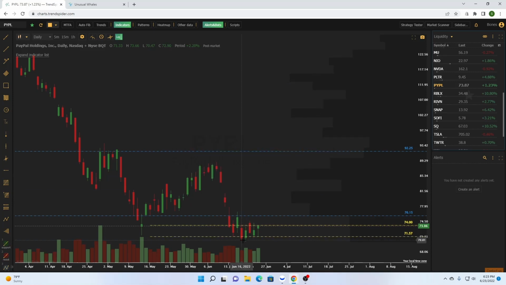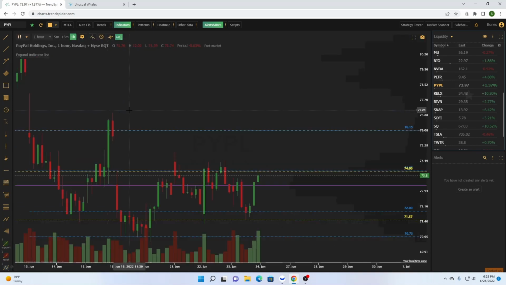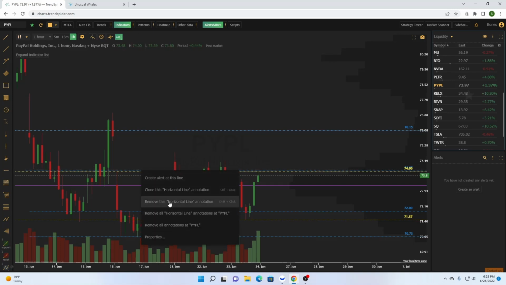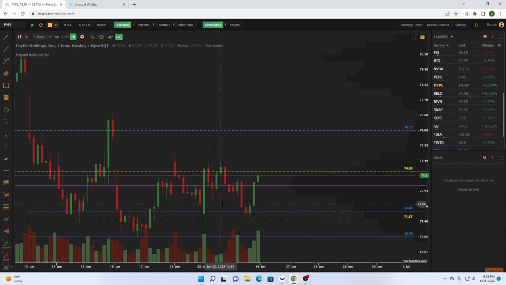So the first part of it is finding an inside day. The reason inside days work is because both buyers and sellers are trapped. How we play them is, all right, so it looks like on the daily I actually have a key level here. We're going to remove this. So it looks like we have a decent bit of move we can run, but it works because both sides are trapped, and we just have to wait for one side to win out, and then we can use that as a call or a put trigger.